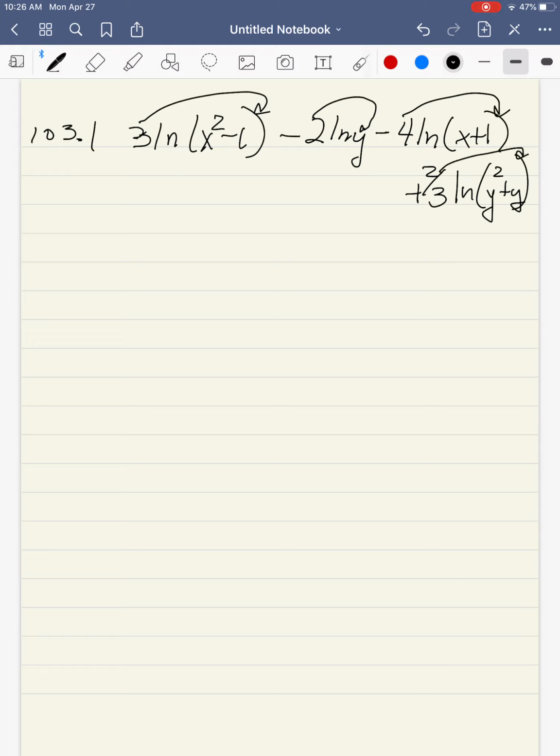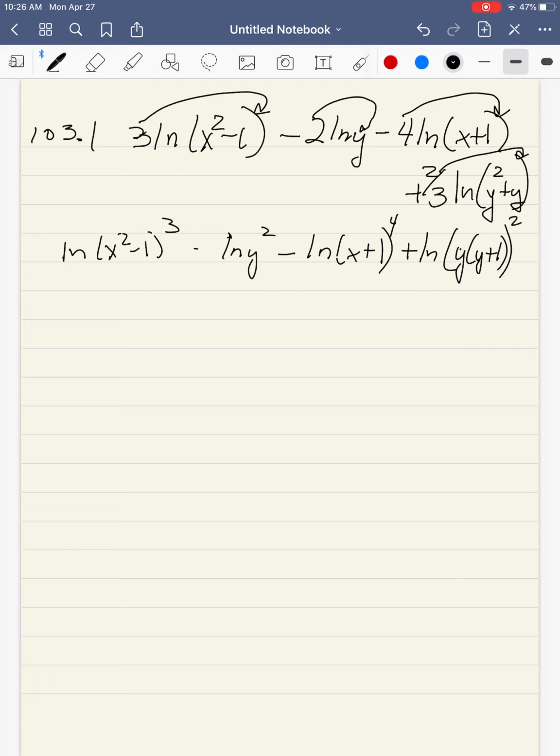So then it will simplify to ln of (x squared minus 1) to the third minus ln of y squared minus ln of (x plus 1) to the fourth, and then plus ln of, I'm going to write this as y times (y plus 1) to the 2/3, because that y squared plus y is eventually going to have to be factored anyway.